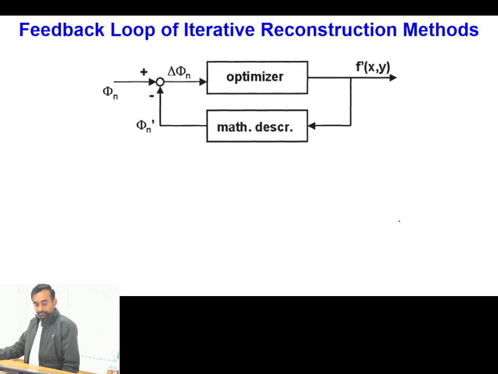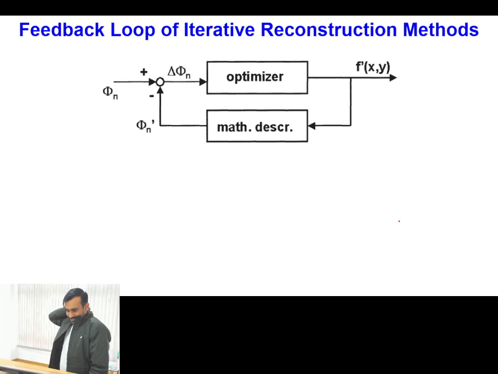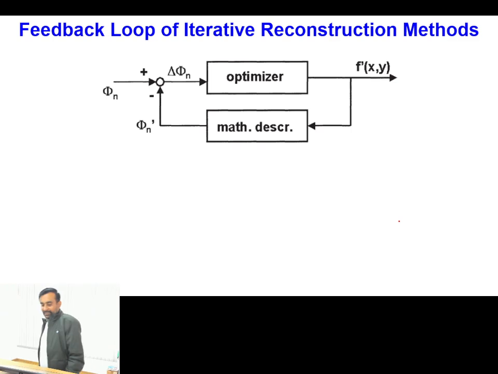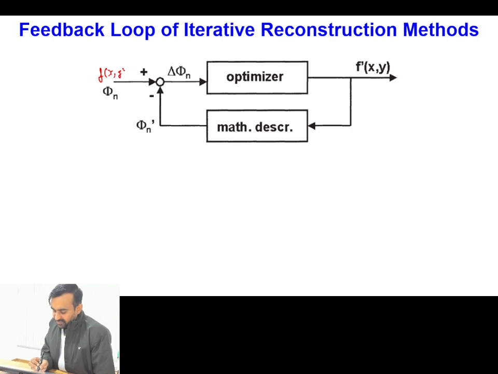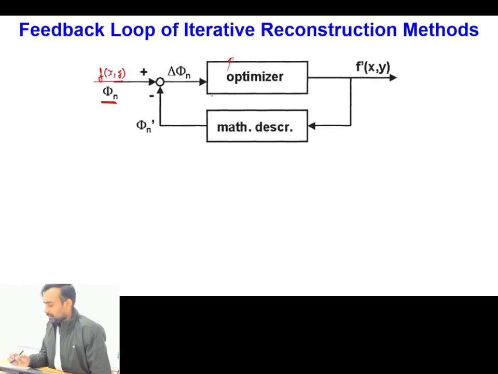And overall we know the previous schematic diagram I had explained about the general principle of tomography. The same diagram, whenever we implement at the practical level, what we do: initially we have some indicator function phi of n. That indicator function will be passing through some algorithm, and corresponding to that algorithm we will be getting f dash xy.